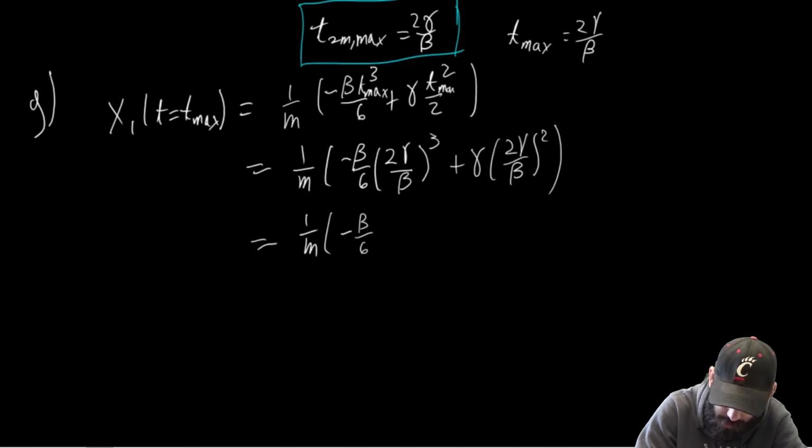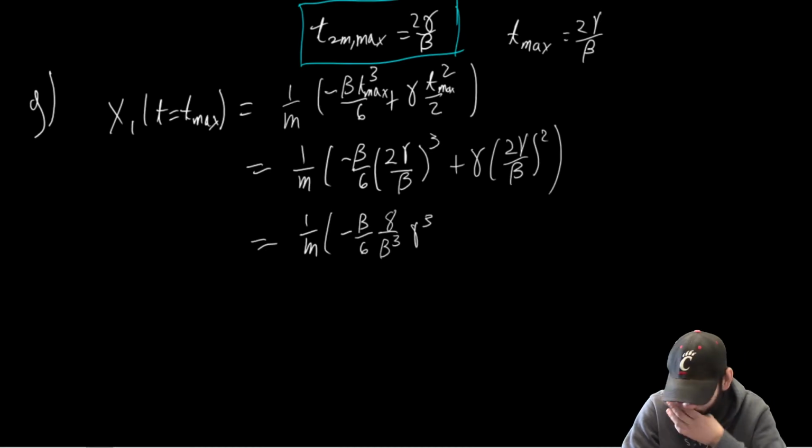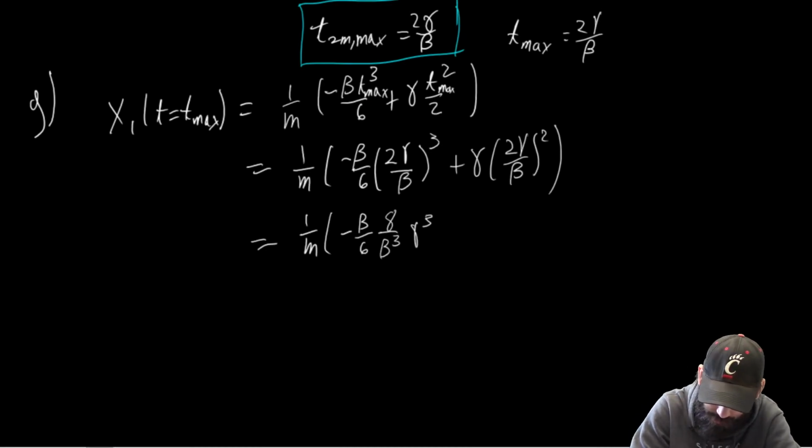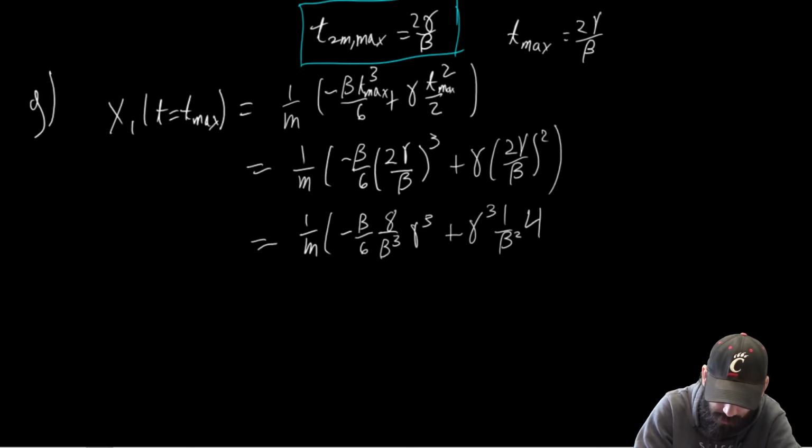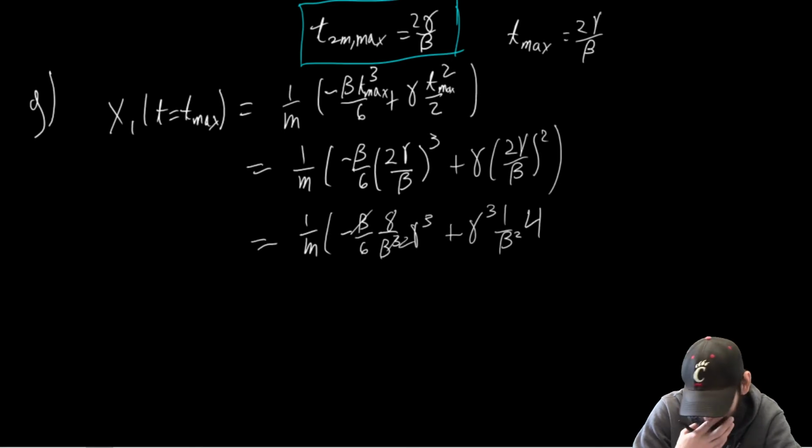We have a beta cubed in the denominator, we're going to have a 2 cubed, which is 8, and then we have a gamma cubed. Now the next part here is going to be plus gamma times, this is going to be gamma cubed ultimately, 1 over beta squared times 4. So let's reduce this a little bit. This is going to cancel a beta here, so that's going to give me a beta squared in the denominator.